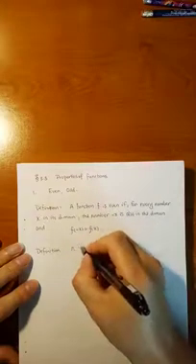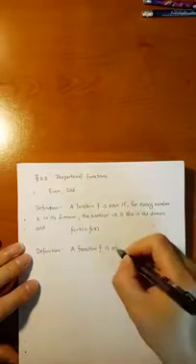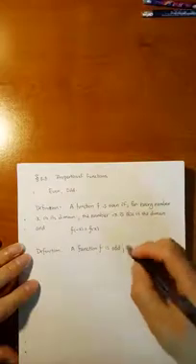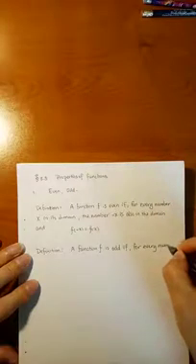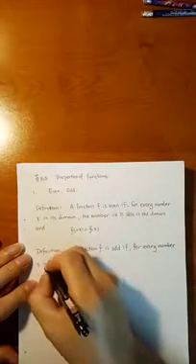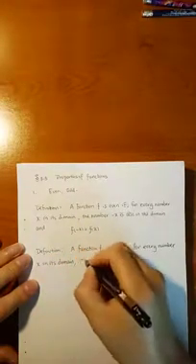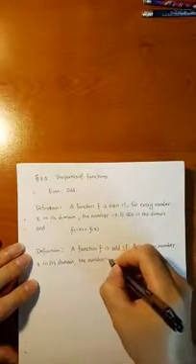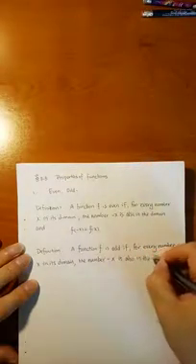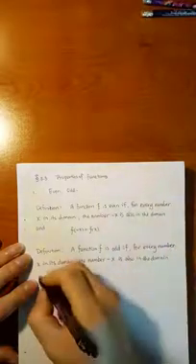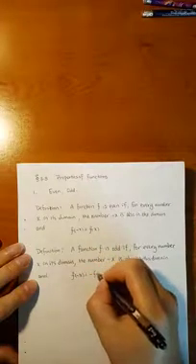A function is odd if the same thing for every number x in its domain, the number negative x is also in the domain, and the difference comes: f of negative x is negative f of x.